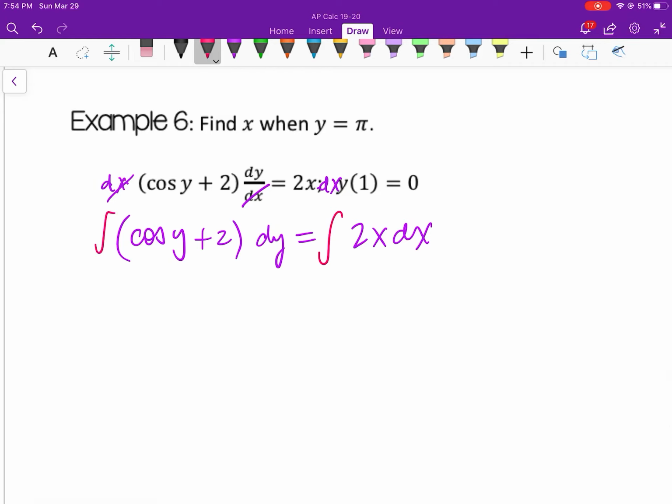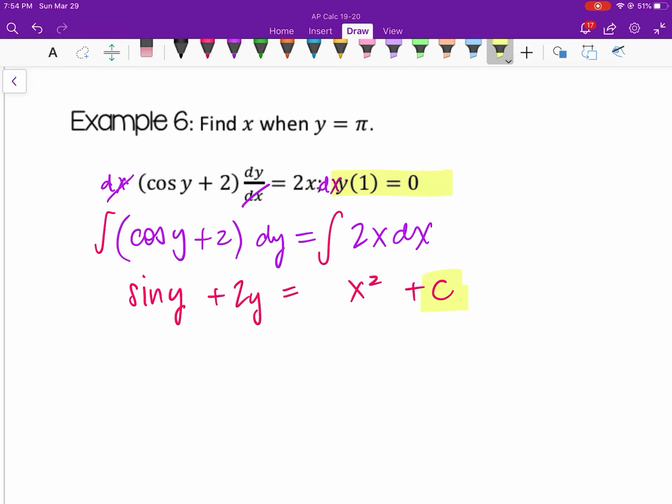Antiderivative, antiderivative. The antiderivative of cosine of y with respect to y is just going to be positive sine of y plus 2y, and that is going to equal x squared plus a constant. And we know that y of 1 equals 0.